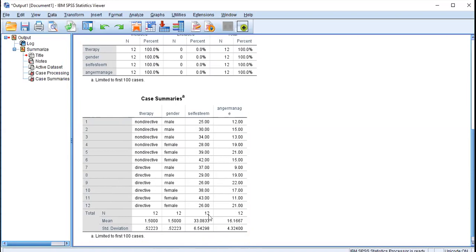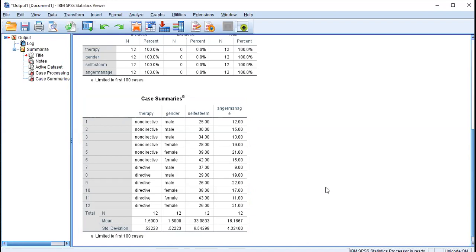Now coming to the mean part, I will not look at the mean and standard deviation for therapy and gender because these are nominal data, and nominal data doesn't actually have a mean because it is just a category. One for male and two for female will have totally different meaning when it comes to means. If instead of putting male as 1, which we have done in our case, we put male as 2 and female as 1, answers will vary.